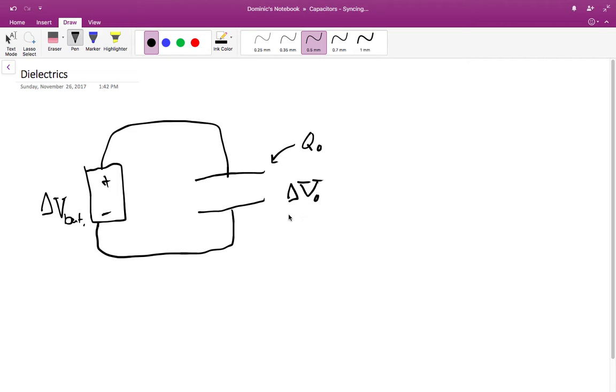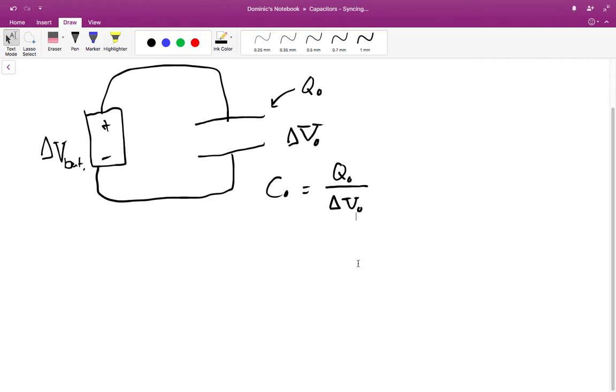So delta V naught, which means that it's going to have a capacitance of C naught. And remember, capacitance is the charge to potential ratio. So the capacitance of this capacitor, C naught, is equal to Q naught over delta V naught. And then I'm going to disconnect it from the battery.